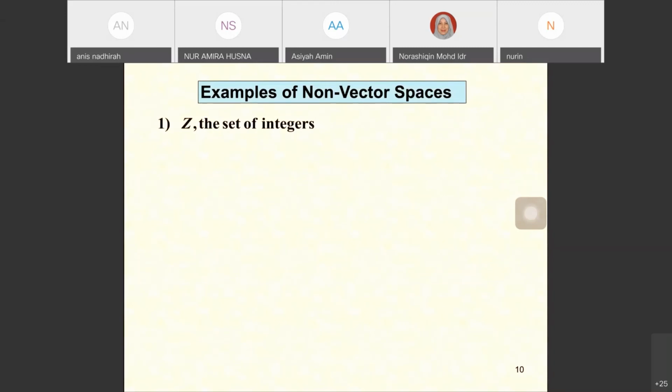Cepat. Kat pukul 11 dah. Kat pukul 10 dah. Doktor, untuk chapter ni masuk final ke? Masuk.